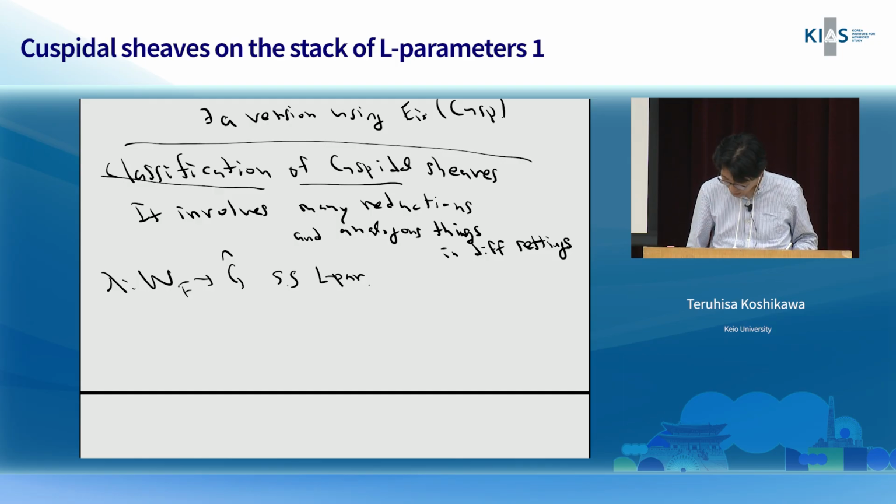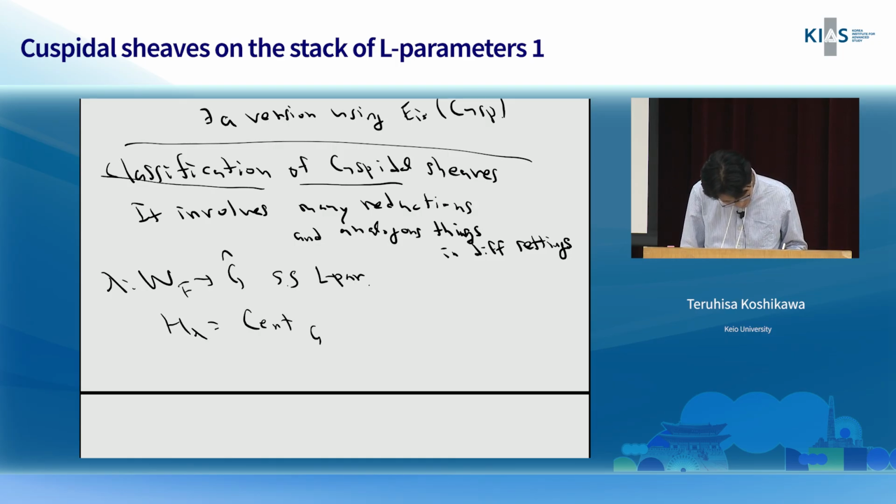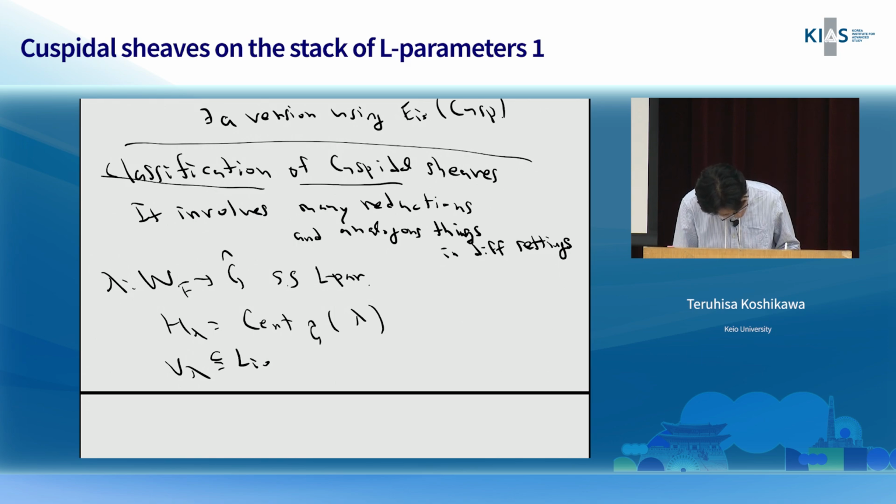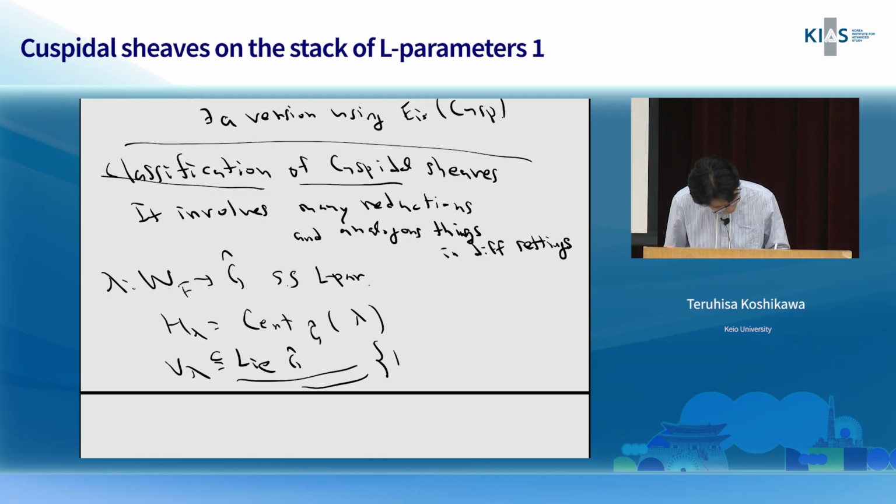And some notation: H lambda is a centralizer. And V lambda is a subspace of the Lie algebra such that lambda and n form a Bernstein-Zelevinsky parameter.